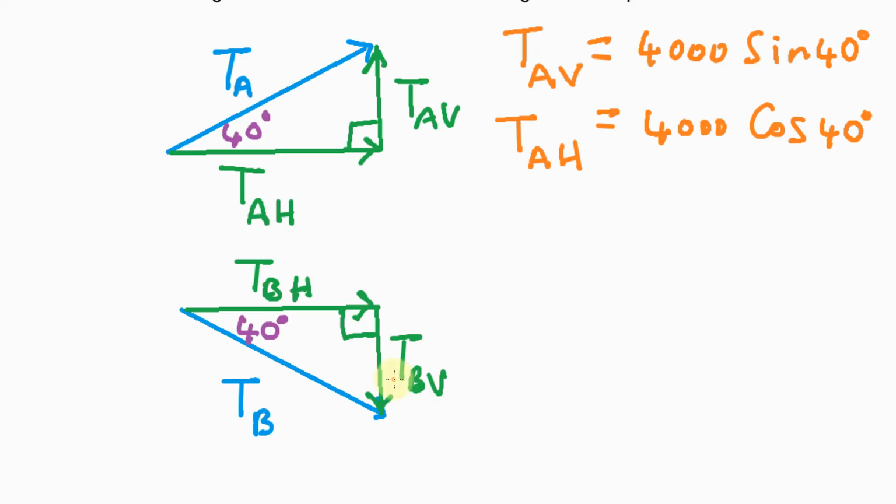Then the vertical component of the tension in B, in other words TBV, is TB, which is 4,000 sine 40.